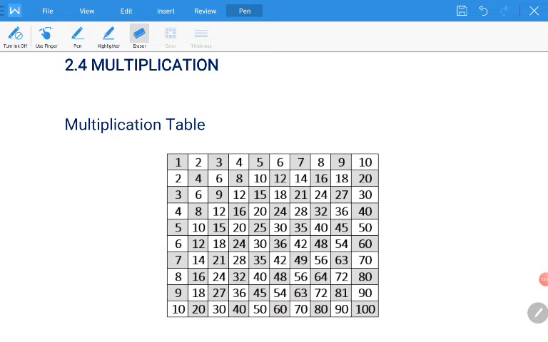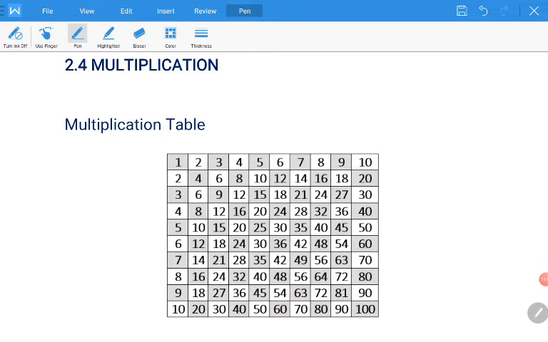So here is the multiplication table that you are supposed to use from time to time to make multiplication easy. How do you make use of this multiplication table? You can use this multiplication table to find the multiples.